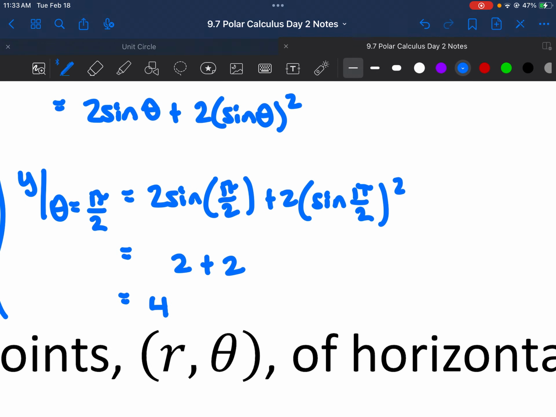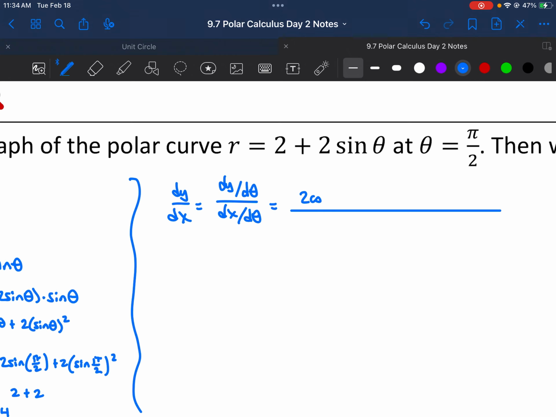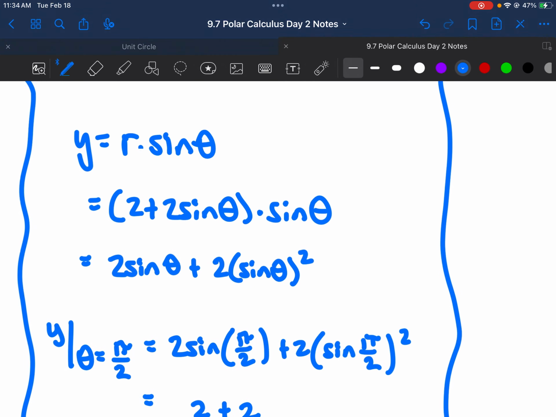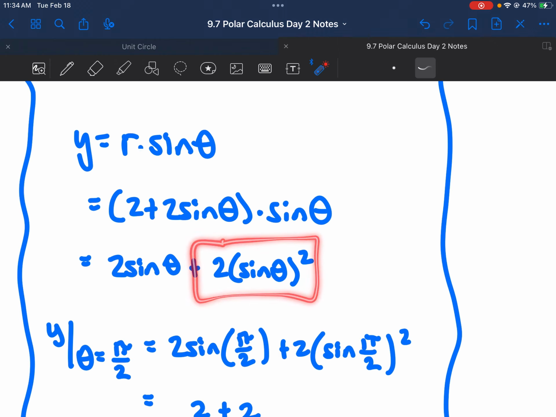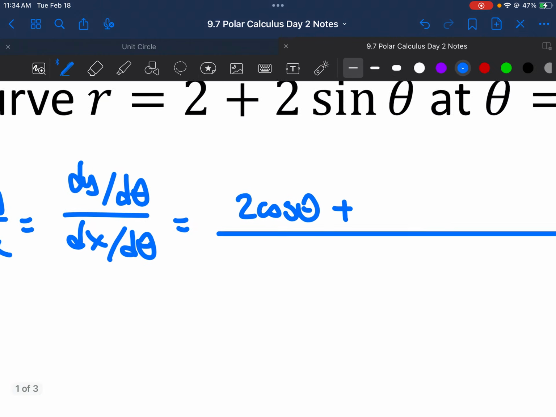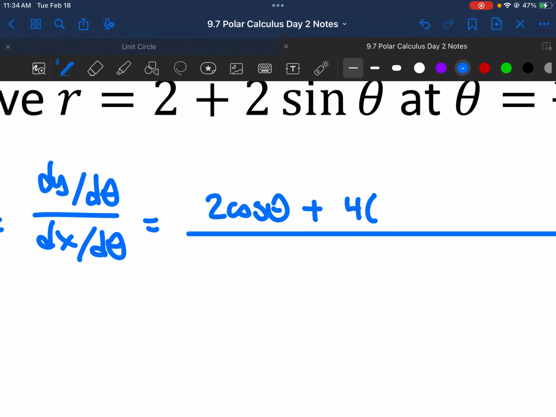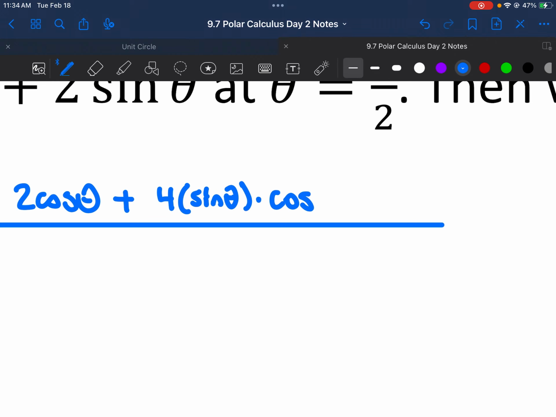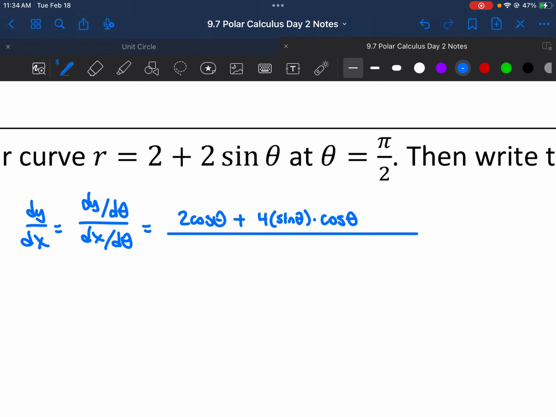Derivative of 2 sine is 2 cosine plus, here we're going to have to apply power rule with chain rule. 2 times 2 is 4, inside sine of theta, multiplied by the derivative of the inside, which would be cosine of theta. So 2 cosine of theta plus 4 sine theta cosine theta.